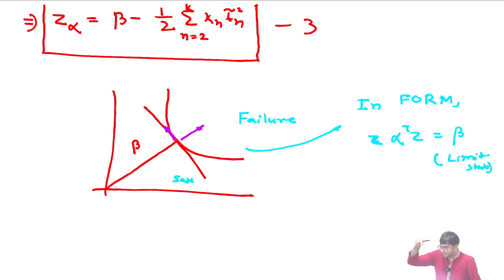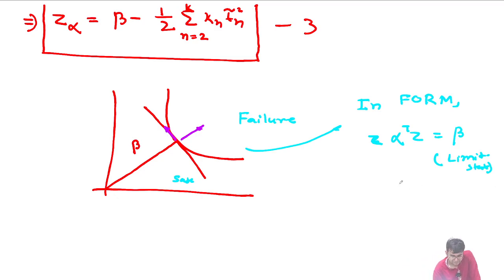That is the point that will basically give you beta, Z star, which is on the limit state, so that is 0. And if you keep changing this Z, by the way, I have not written Z star, I have written Z. So that means it can be some other point. So it will be some point on the limit state surface, the FORM surface.